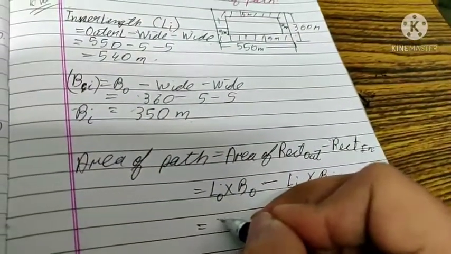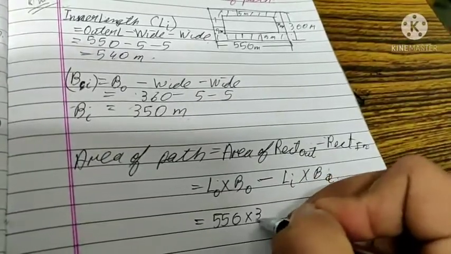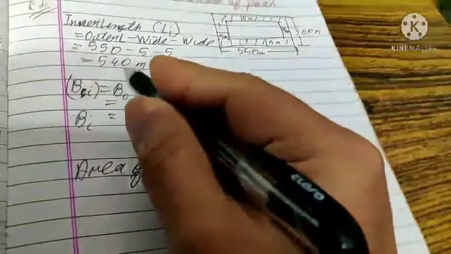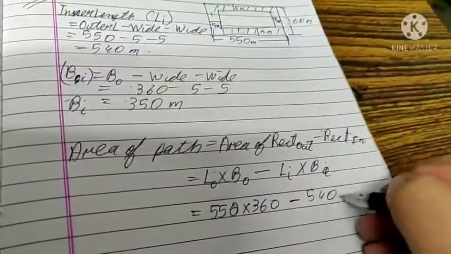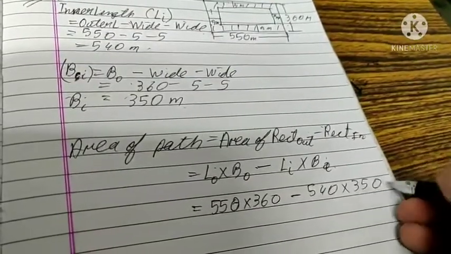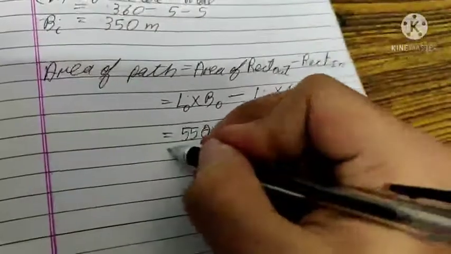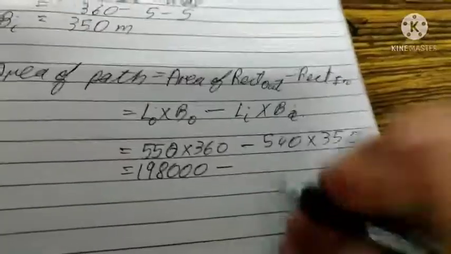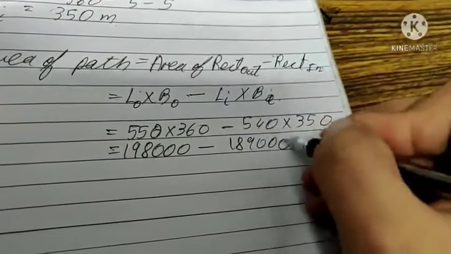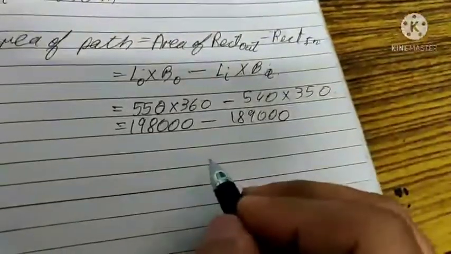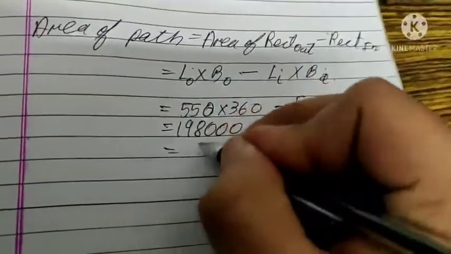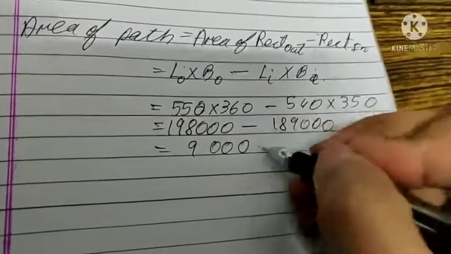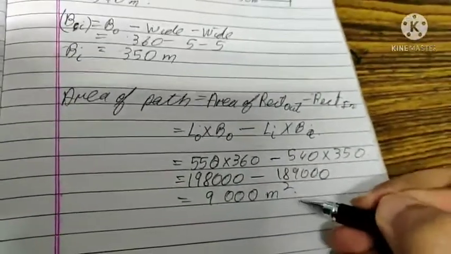Length outer is 550 into 360 minus 540 into 350, okay? And this is 18900000. So subtracting it will give you 9000 meter square, which is the area of the path.